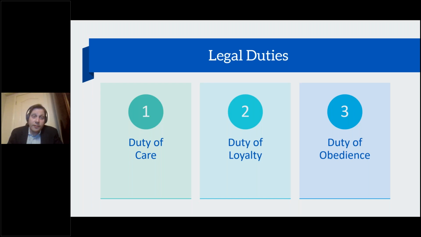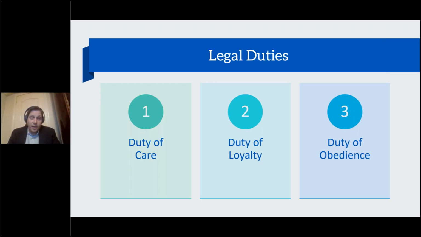You have the duty of loyalty, which means that the board member has to put the interests of the nonprofit ahead of their own and make decisions that are in the best interest of the organization and the organization's mission. And they also must recognize and disclose any conflicts of interest. As we're going to talk about, best practices are actually to have them analyze this and report this on an annual basis.